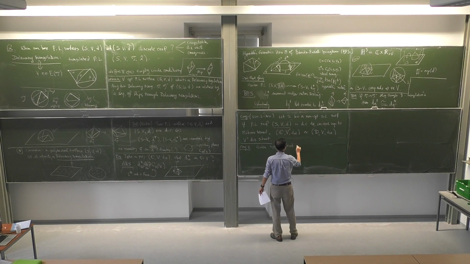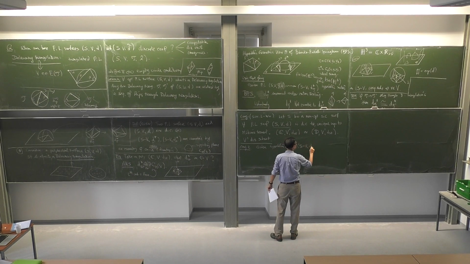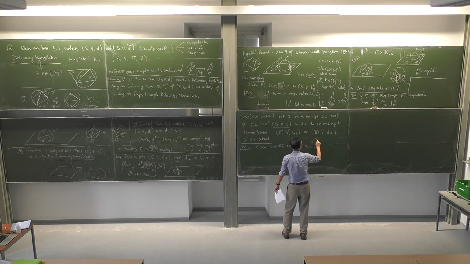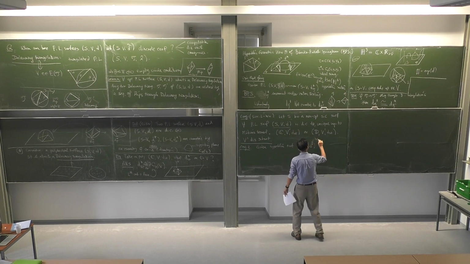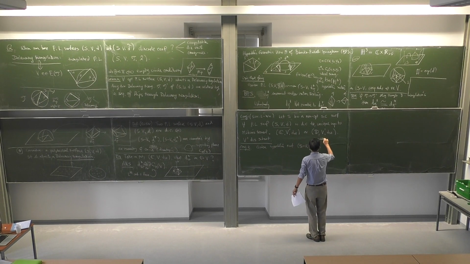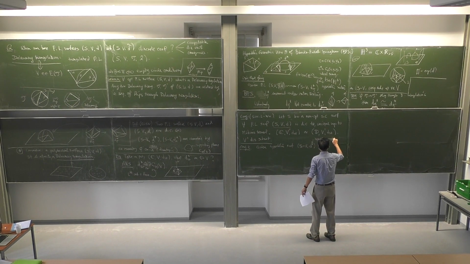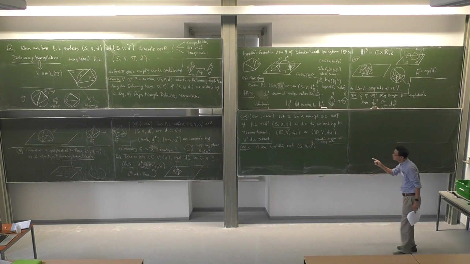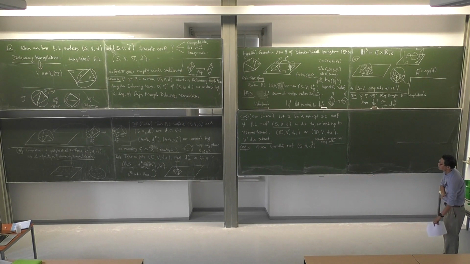Still assuming it's simply connected. So it's a simply connected surface with V removed, and it's a hyperbolic, complete, with cusps. So these are exactly the metrics coming from the BPS construction.